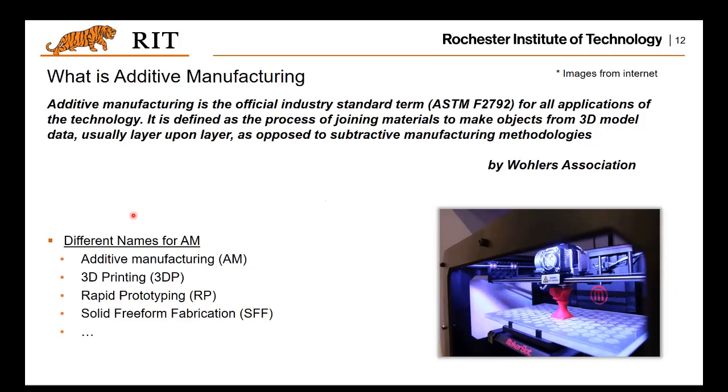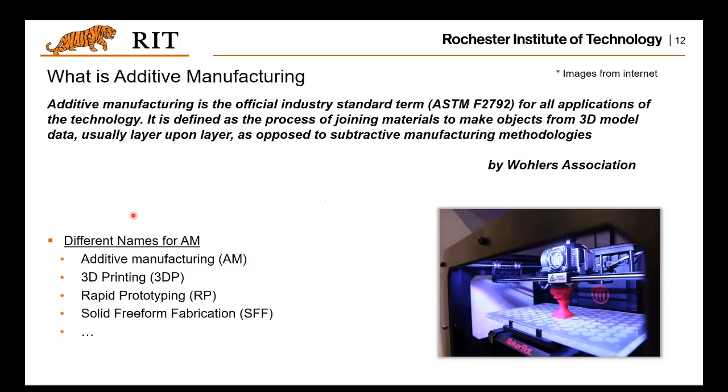So let's start the intro of additive. Basically, additive right now is an official industrial standard. That means the processes of joining material to make objects from 3D model data.